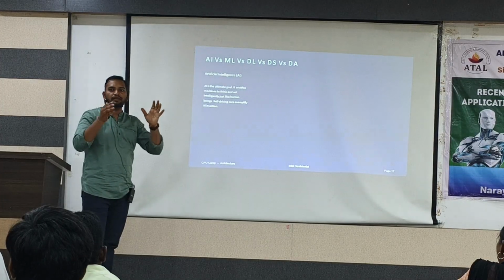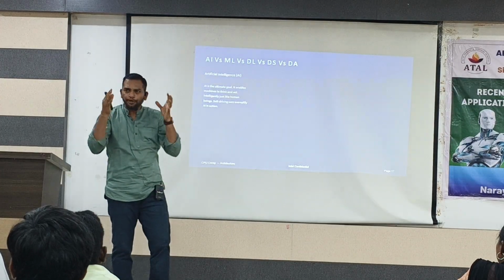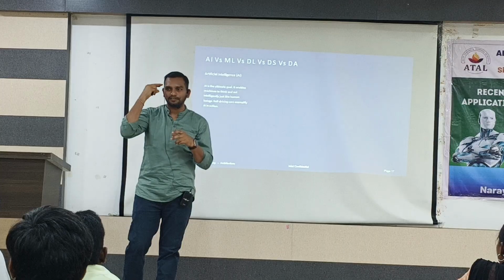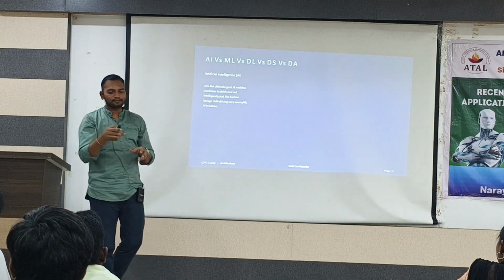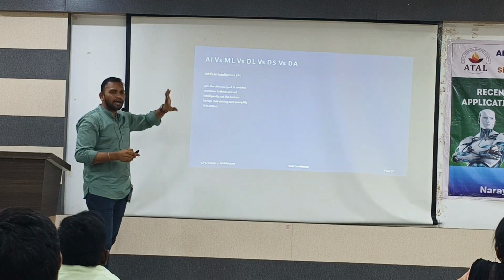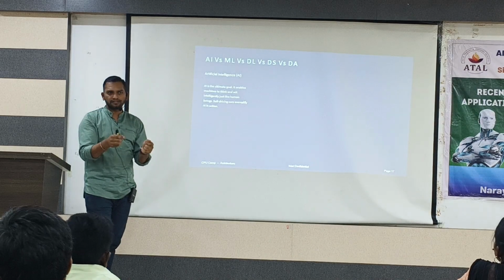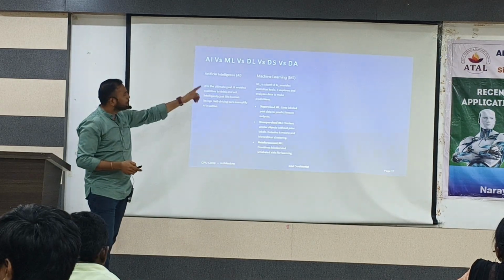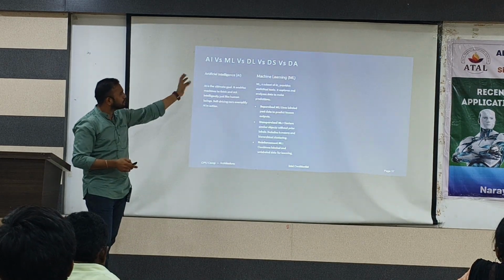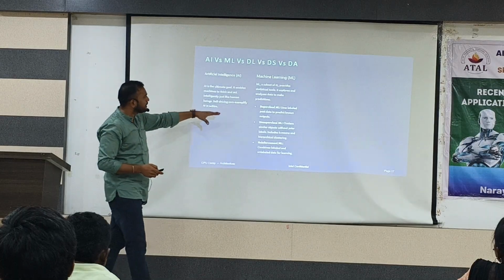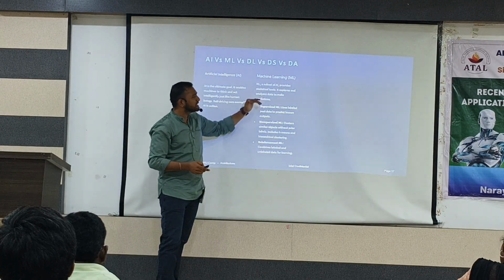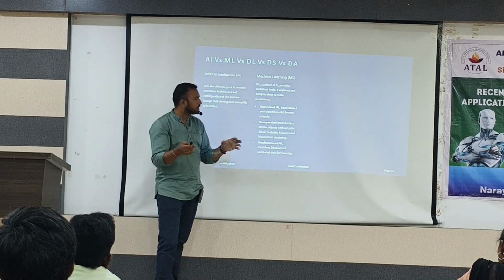Artificial intelligence, you can think of it like a human being, a complete human being with artificial intelligence instead of human intelligence. The end product would be like self-driving cars. Machine learning is a subset of artificial intelligence, and it uses all the statistical and mathematical tools.